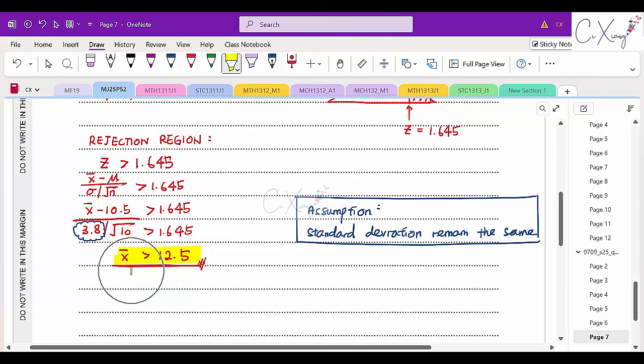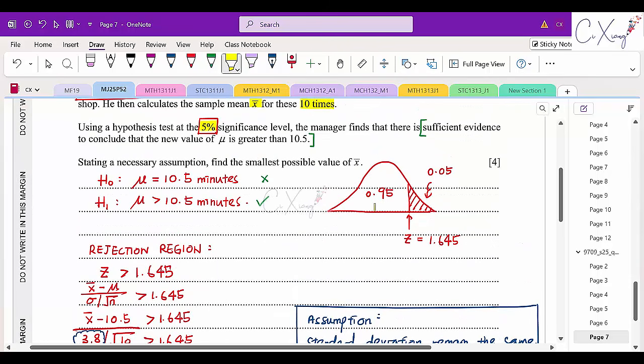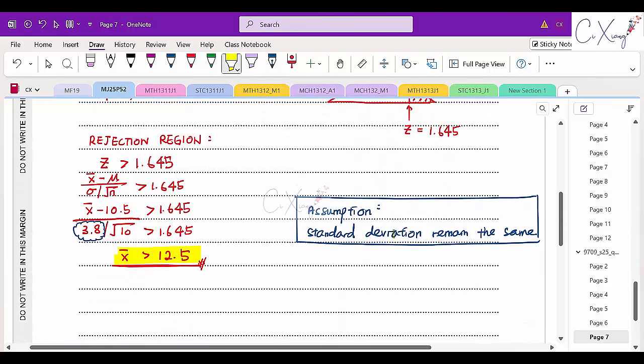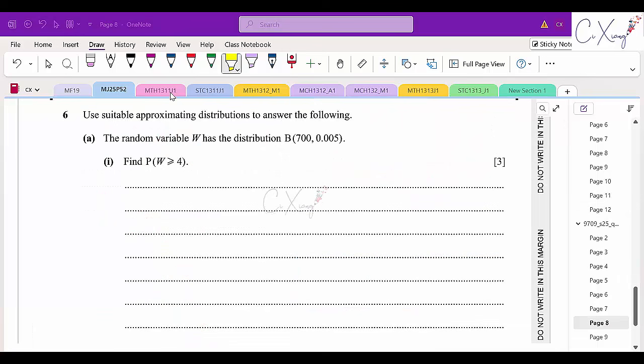If you have some other value less than 12.5, then your conclusion will be different. The conclusion will be to accept the null hypothesis. And this is the assumption that you shouldn't forget to write out in your answer here. So this is how we solve this question number 5.